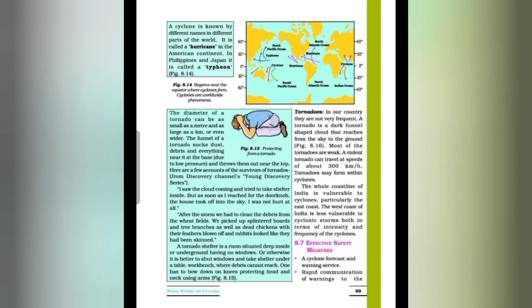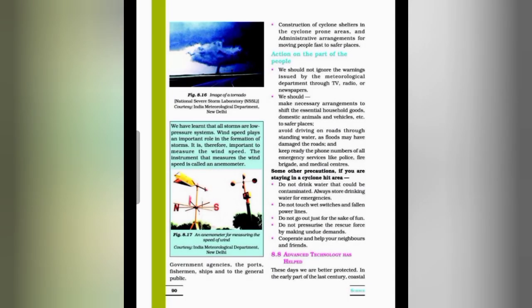Now effective safety measures. What effective safety measure we can take during the cyclone or against the cyclone? A cyclone forecast and warning service. Rapid communication of warning to the government agencies, the ports, fishermen, ships, to the general public. So students, the following safety measures should be taken by the government for the people living in cyclone prone coastal area to prevent cyclone damage.